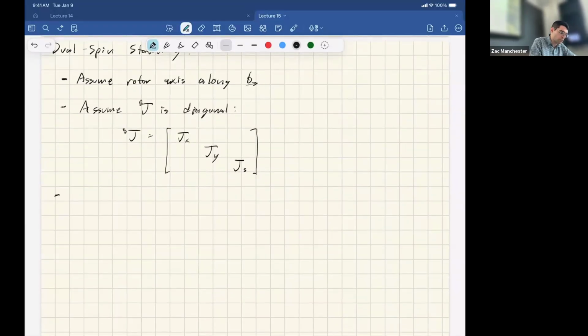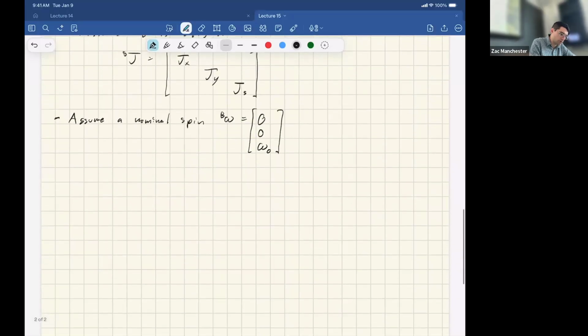And then we're going to assume we're nominally spinning about that third axis. I'm going to call this omega naught.